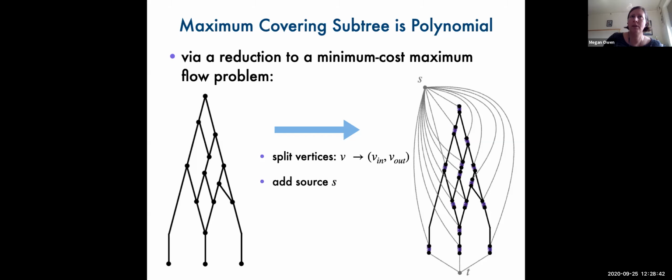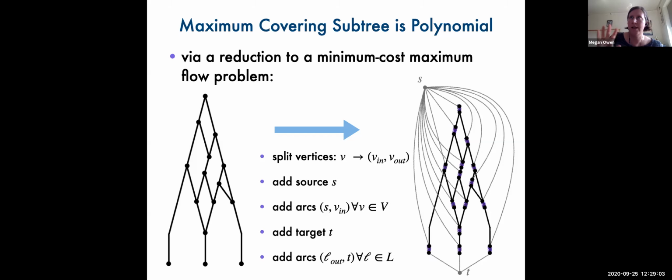And then I'm adding edges from my source S to all the vertices. Then I'm going to add a target T down at the bottom and connect it up to the out vertices of the leaves. In this case, there were the 3 leaves, so I just connected up to them. Okay, so that's my flow network.